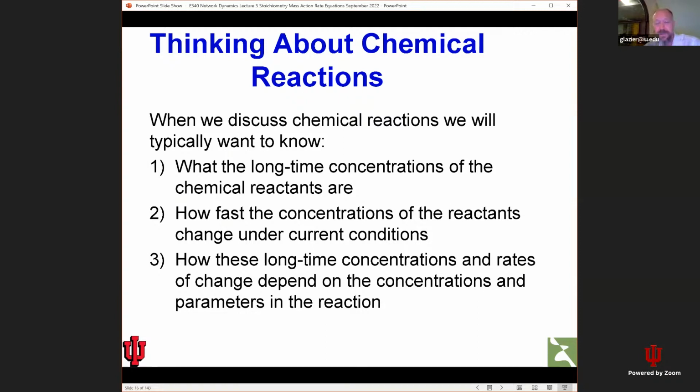So constant is such a relative term. We would like to know how fast concentrations change at the moment under current conditions. That is the rate laws, the rate equations. And then how those long-term concentrations and rates depend on initial concentrations and on the parameters. So that would be what people would call sensitivity analysis.